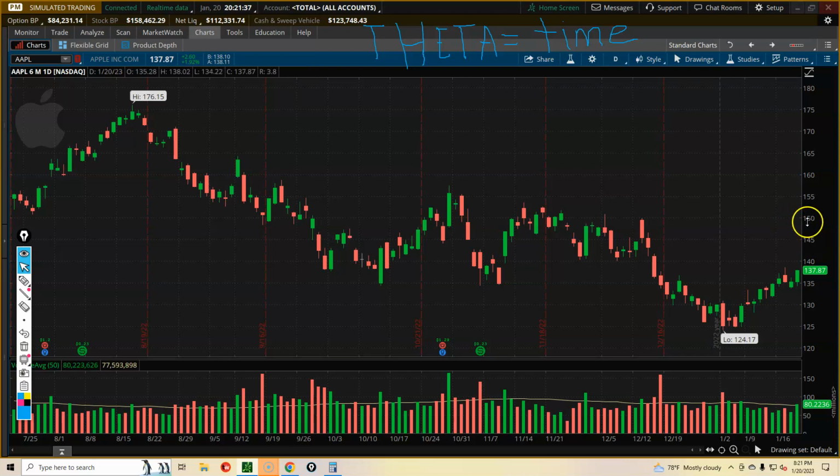So maybe I can set up some sort of order that says, hey, I want to buy 100 shares of Apple for no more than $149.50 if Apple is over 149.